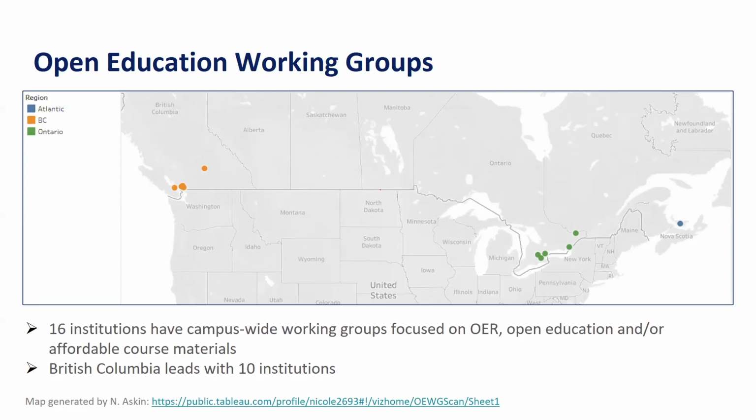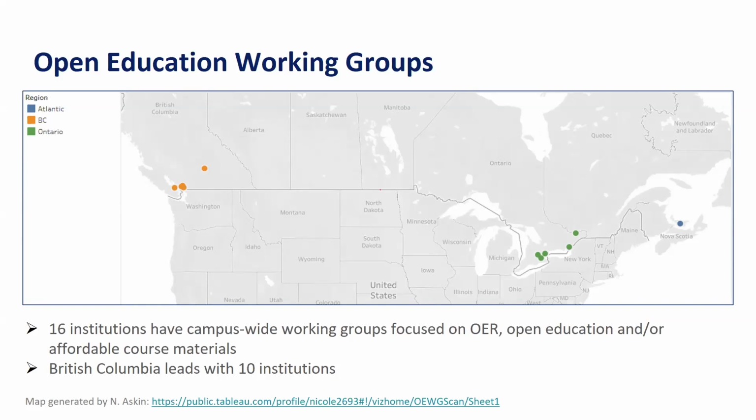British Columbia leads the way with 10 institutions, followed by Ontario with 5. 11 of these institutions out of the 16 are universities. And 3 of these working groups focus on open and affordable course content.